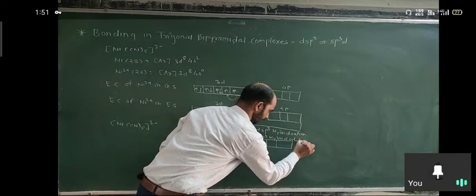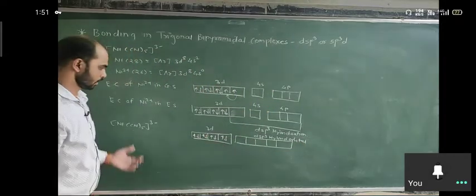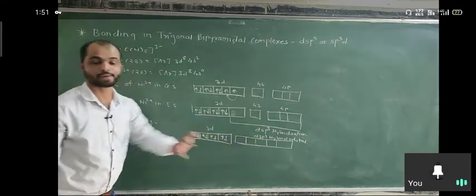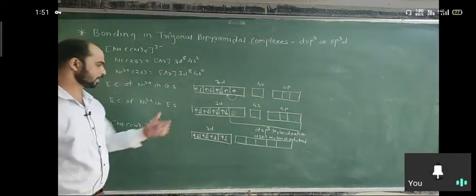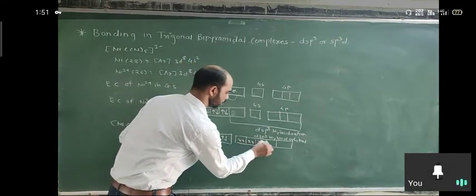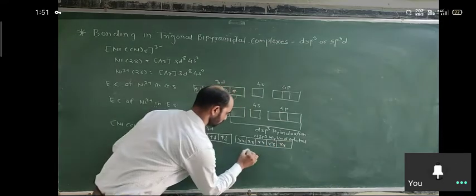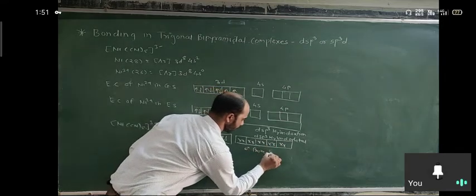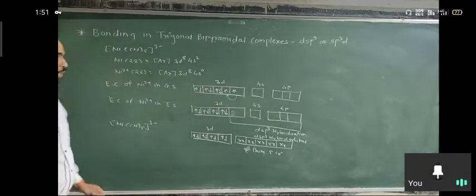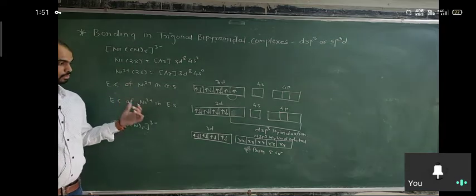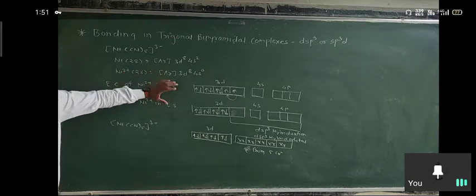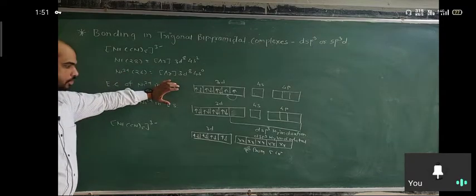5 dsp3 hybrid orbitals. So electrons from CN minus come here because these orbitals overlap, forming a bond between CN and nickel. So the electrons which are coming from 5 CN minus. There are no unpaired electrons, which means the complex has zero magnetic moment and is diamagnetic in nature.